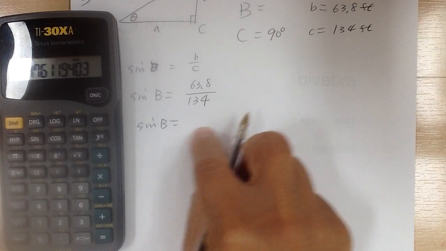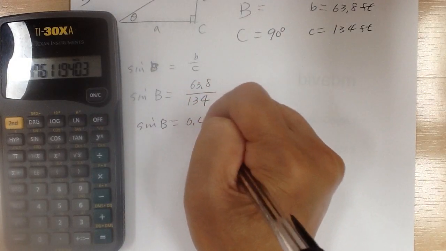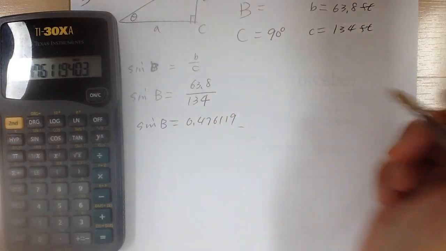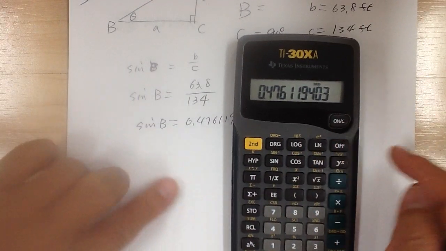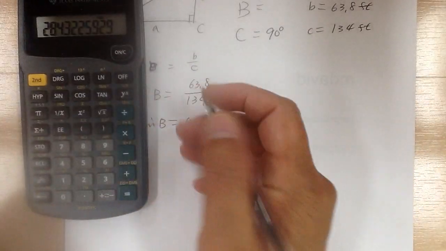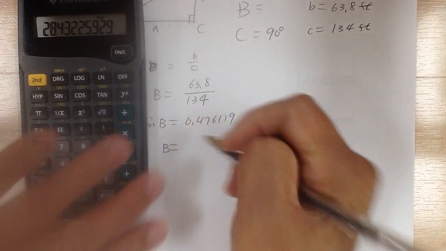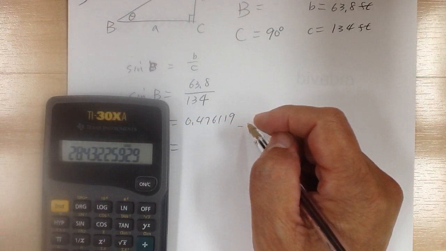So I have sine B equal to 0.476119, whatever. You don't have to do this step; I'm just showing you so you can follow what I'm doing. Don't erase that, just use second function, second sine of that. And so angle B is going to be equal to 28.43 degrees.